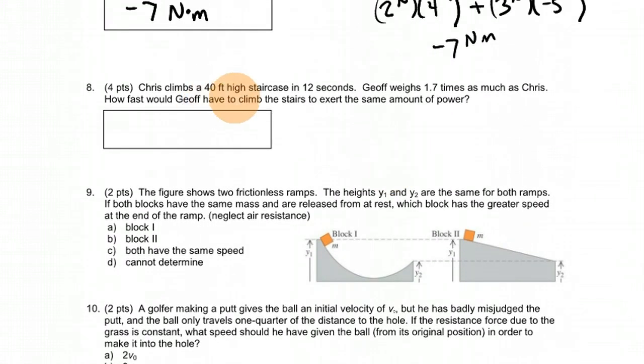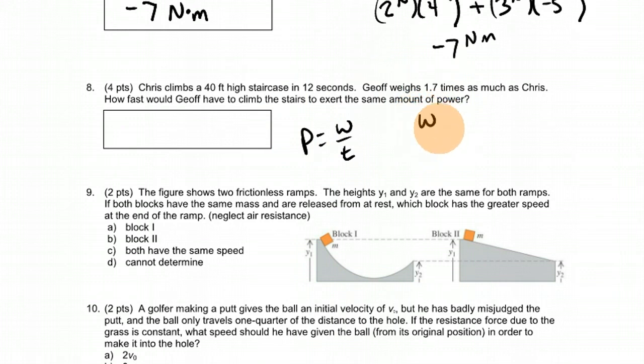Alright, Chris climbs a 40-foot high staircase in 12 seconds. Jeff weighs 1.7 times as much as Chris. How fast would Jeff have to climb the stairs to exert the same amount of power? Alright, so what we're looking for here is just to see that you know the definition of power is work over time, and they're exerting the same amount of power.